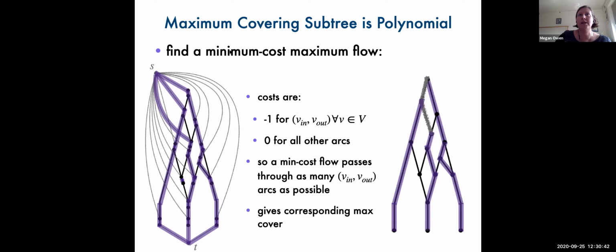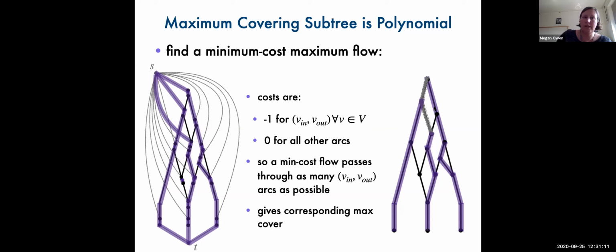So this is what I said before, that because the costs are 0 except for where you have your vertices, essentially your minimum cost flow is going to pass through as many vertices as possible to give you the max cover. And you can see what we've done with the source. So you can't have a tree, right? Because you can't have these connecting up because everything has capacity 1.